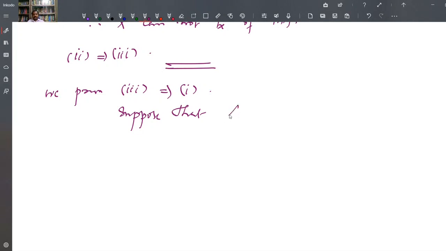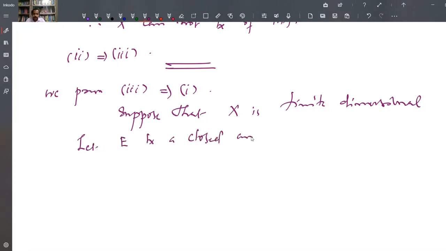So suppose that x is finite dimensional, and let E be a closed and bounded subset of x.